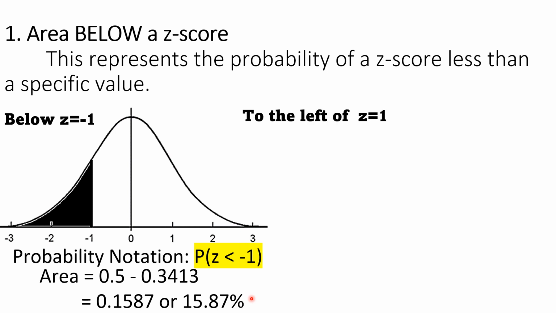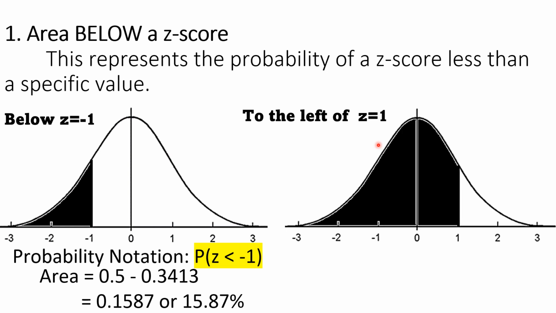So moving on to the next. How about this? To the left of z equals +1. So we have the keyword to the left. Therefore, our probability notation is less than: Z is less than 1. But first, let's illustrate the normal curve. This is the normal curve of to the left of z equals 1.